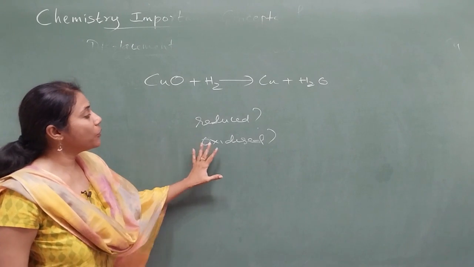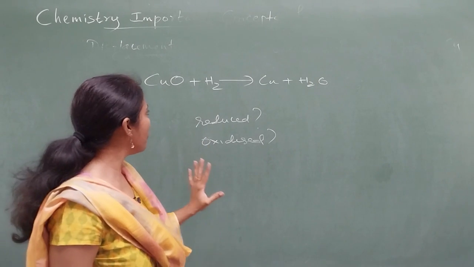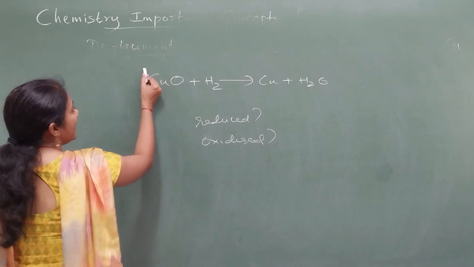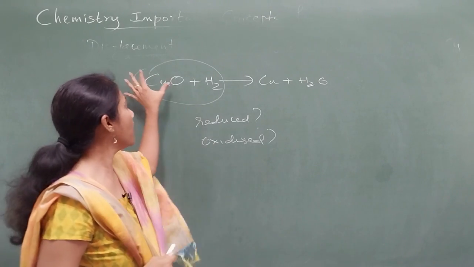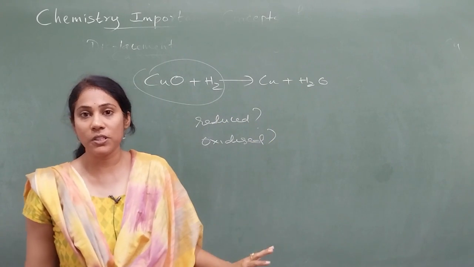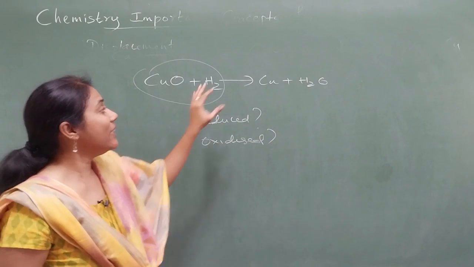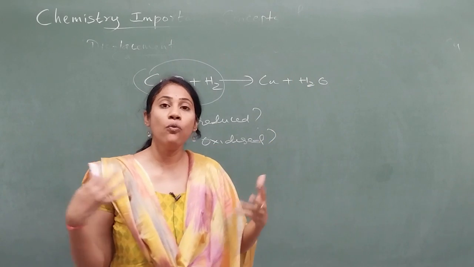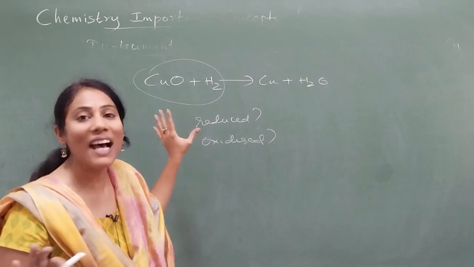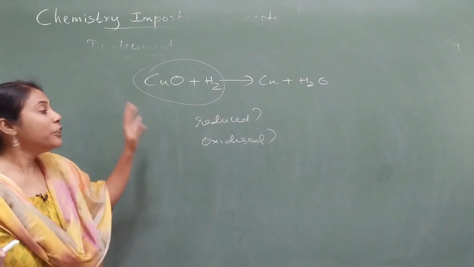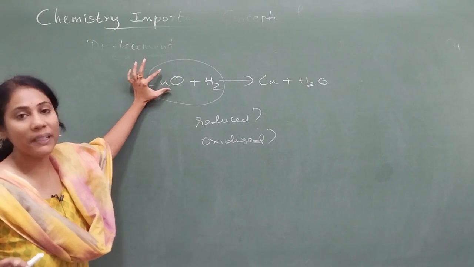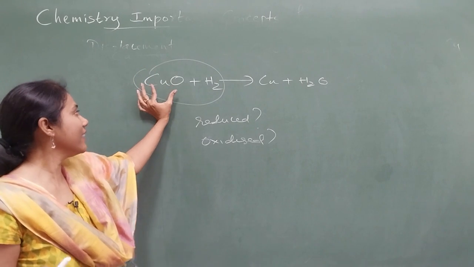So which is reduced and which is oxidized? You have to select your answer among the reactants only. They'll give you options, all the four would be there in the options. Many people will touch the products. I don't know why they touch the product. Your answer lies between the reactants only. You just check with one particular thing. You check with the starting reactant.